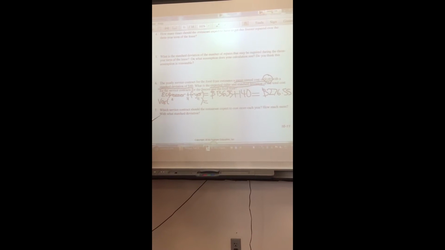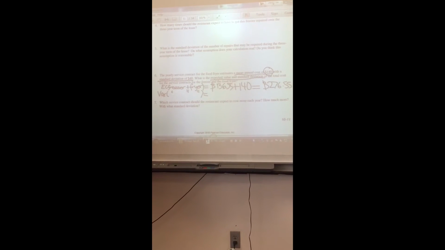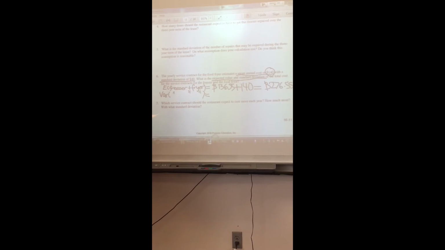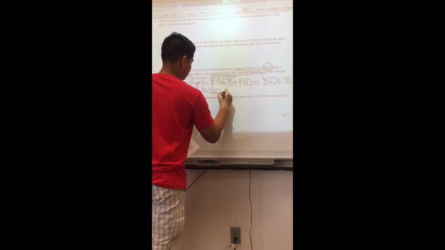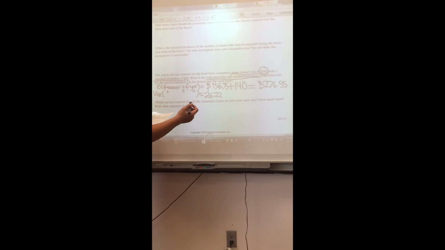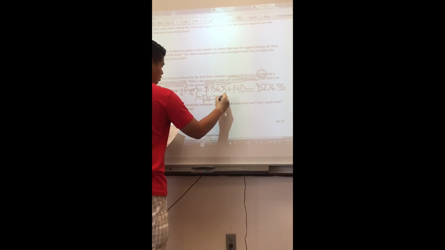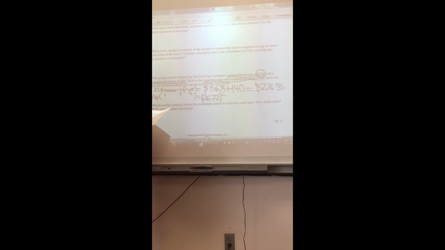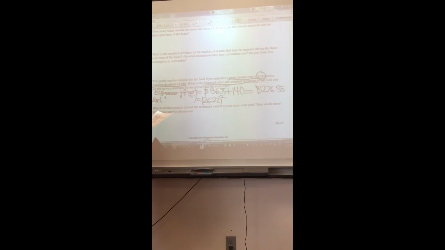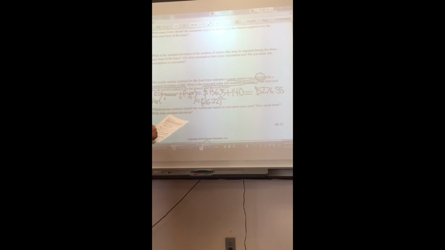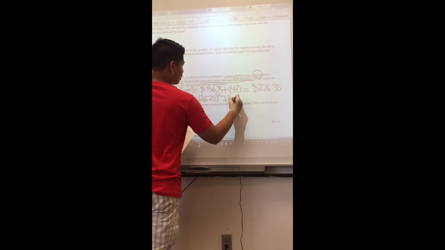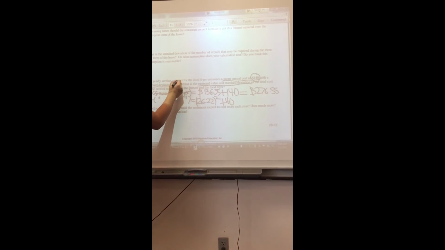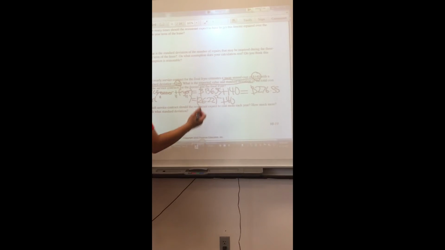The standard deviation is 26.22. That's from number 3. To find the variance, you square it and add it to 40 squared, since 40 is also a standard deviation.